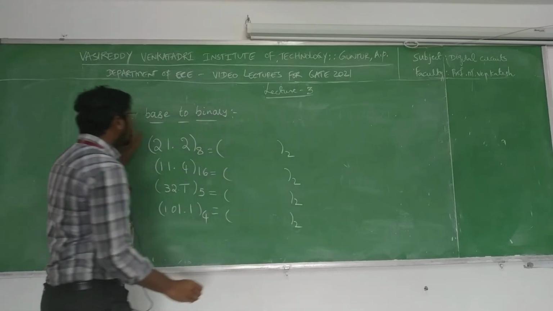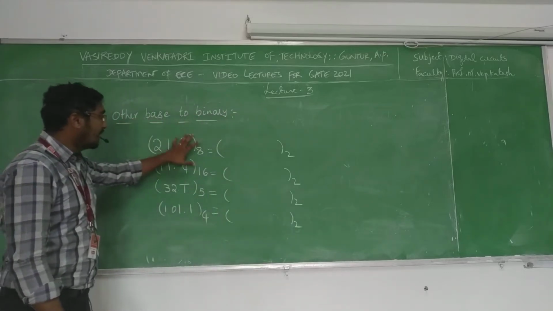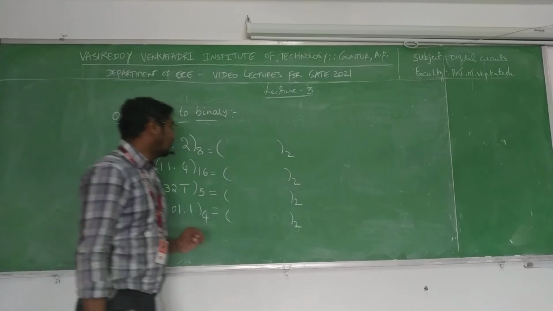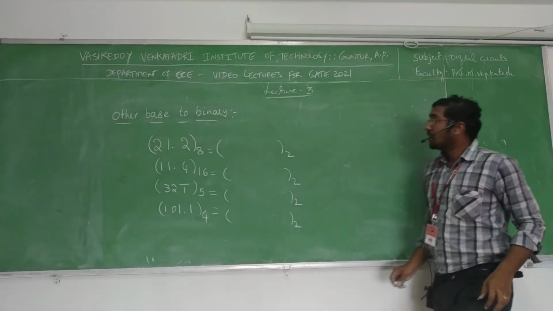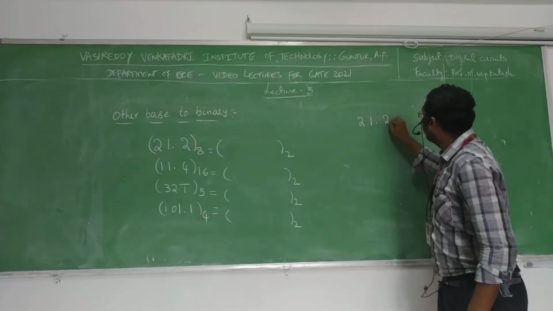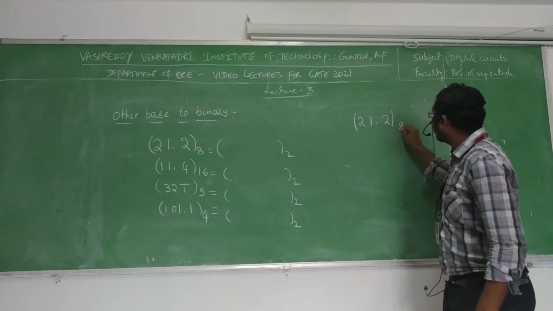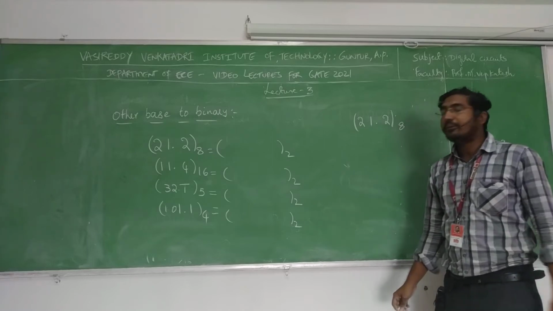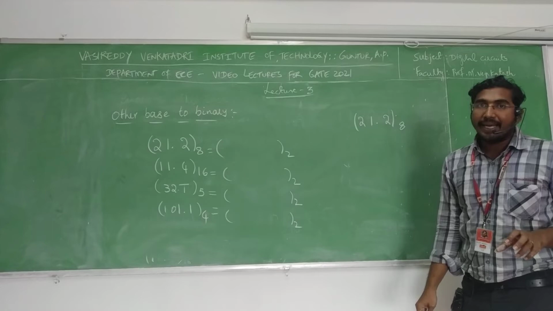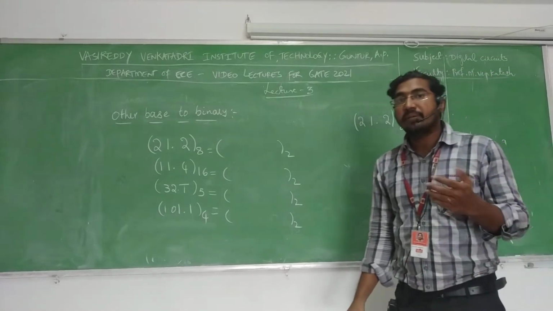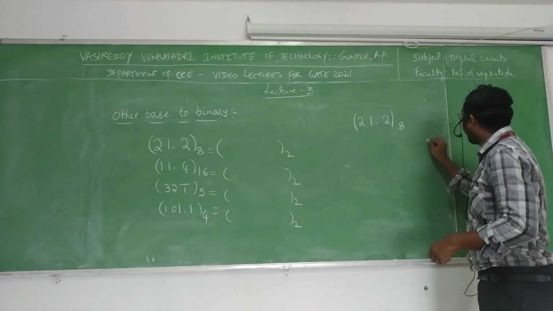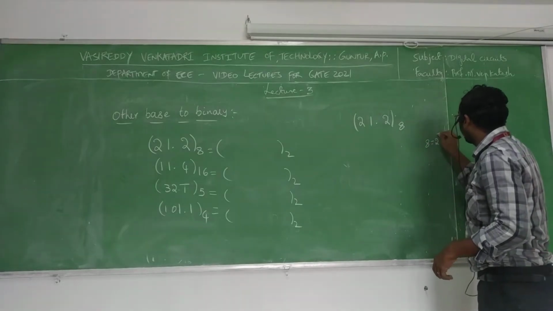Okay, so other bases to binary. These are some other bases, and we are trying to convert them into binary. Here, the procedure is, we take the octal number 21.2. Sometimes it is directly possible, sometimes it is not. When it is possible, if we can write the base in terms of a 2 power, we can directly convert. So here 8. What is 8 here? 8 is 2 power 3.